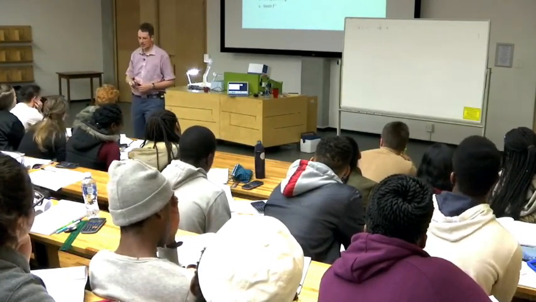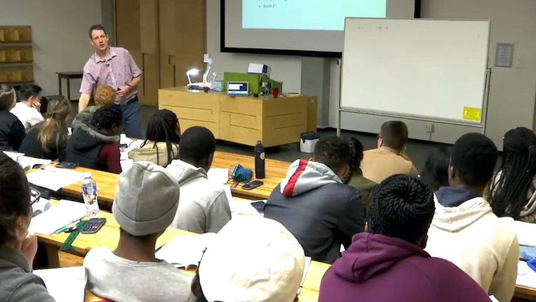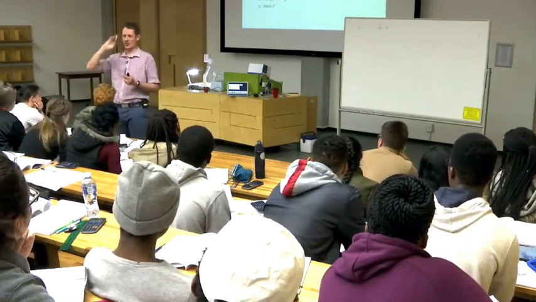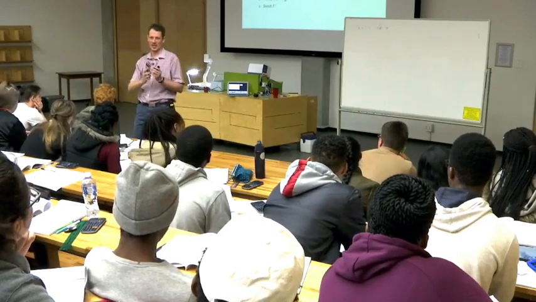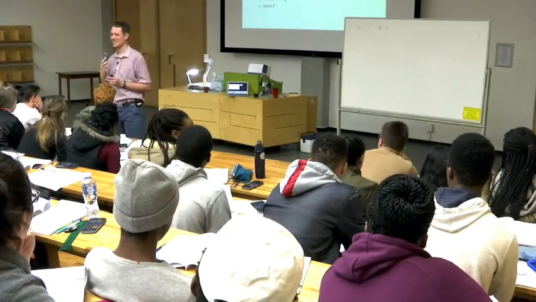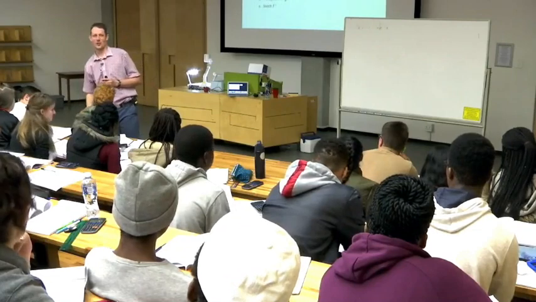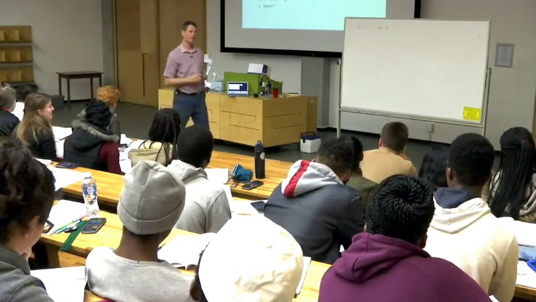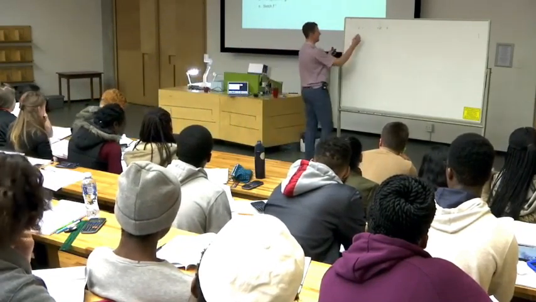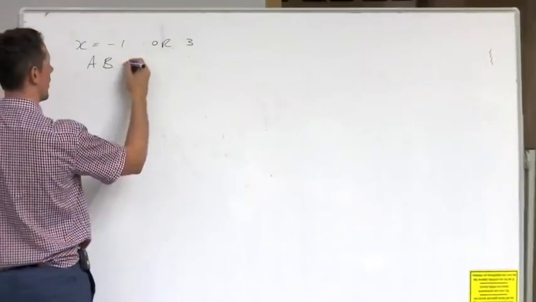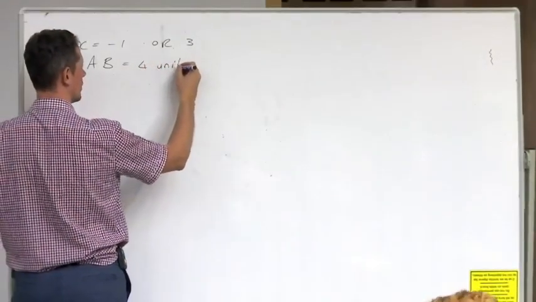AP Maths, guys, your calculator, the FX991ZA, is your best friend. It can solve the equation for you. So AB is 4 units.